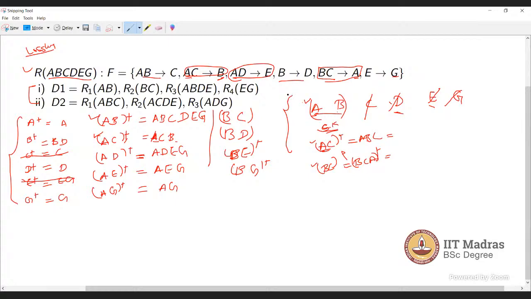A similar concept was applied there also. So AB, AC, BC are my candidate keys. So I can say that my prime attributes will be A, B, and C, and non-prime attributes will be D, E, G.